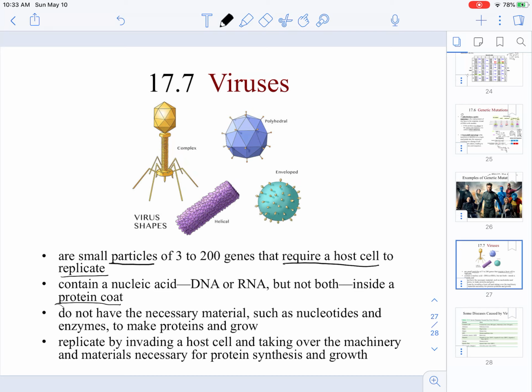And if we relate it to the coronavirus, remember that coronavirus looks a little bit on the envelope form. Now, understand, as I just mentioned, that they do not have the necessary material like nucleotides and enzymes to make proteins and grow. So that's why they need to invade a host cell. Okay? So in order to replicate, they invade the host cell and take over the machinery, as I have been mentioning, in order for themselves to undergo transcription and translation.